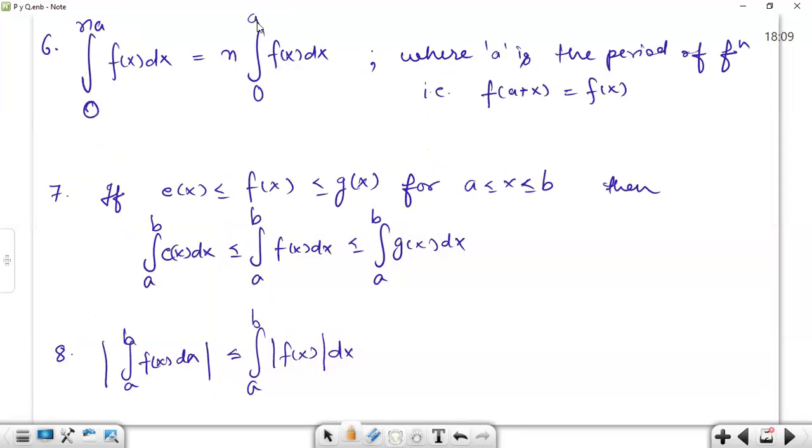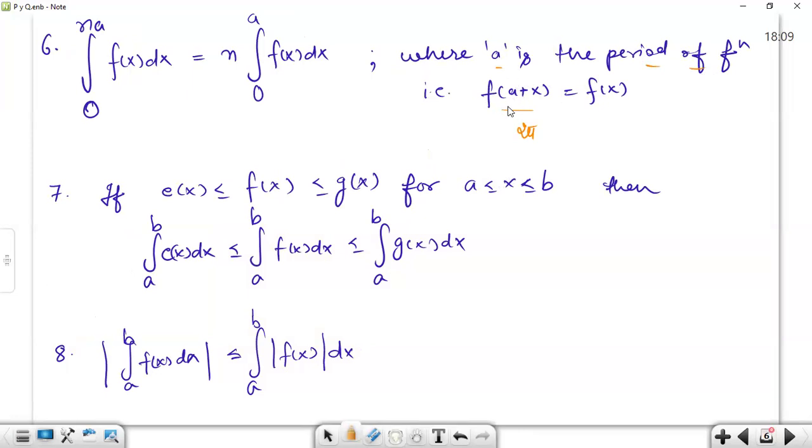Here then, considering that a is the period of the function, period is that after which the domain starts repeating the range. Like the function's value starts coming as equal and it has a nullified effect. Like for trigonometric functions, 2 pi can be said as a common period for all of them, right? Or pi.